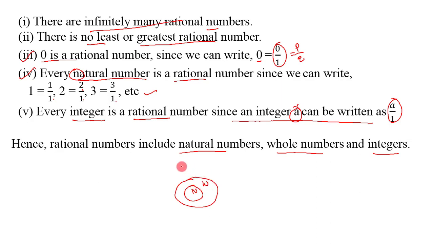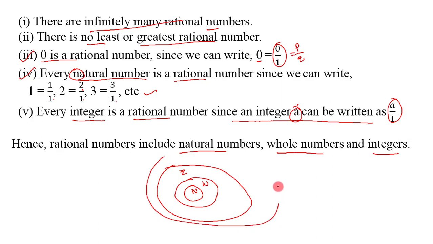Then the set of whole numbers is extended to the integers by taking the negatives of natural numbers. Then we extended this set of integers by taking rational numbers. That means the set of rational numbers includes the set of natural numbers, the set of whole numbers and the set of integers.